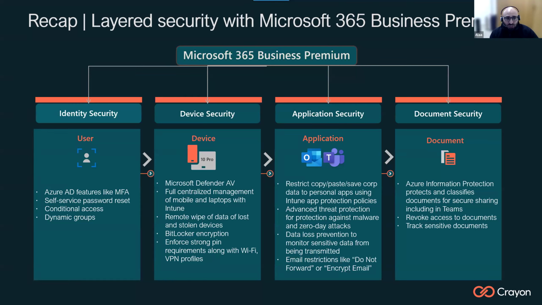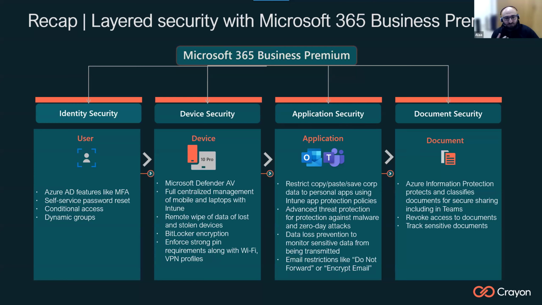Then we move into device security, where you have Defender for Business to protect your endpoints, which is almost equivalent to the more advanced Defender for Endpoint Plan 2. Also, you have Microsoft Intune that helps you manage your devices. Application security includes the data loss prevention capability, and also Defender for Office 365 to protect from malware, spyware, etc. And finally, document security.